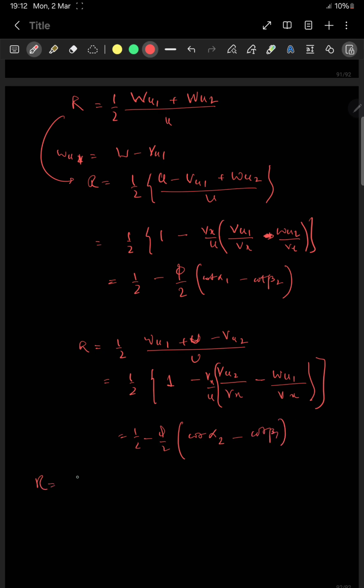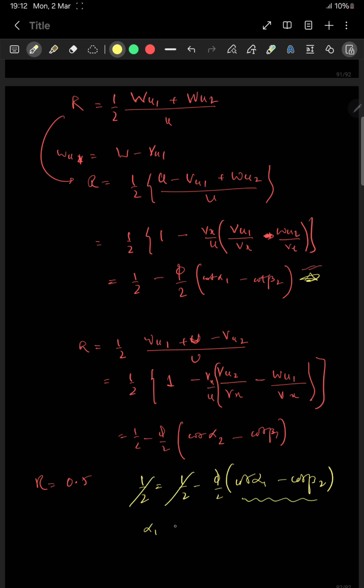So when R equals 0.5, from this equation we get half equals half minus phi by 2 into cot alpha 1 minus cot beta 2. So this has to be 0 because this and this cancel out.